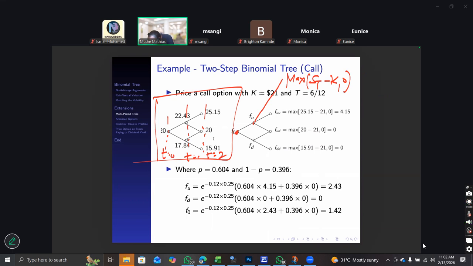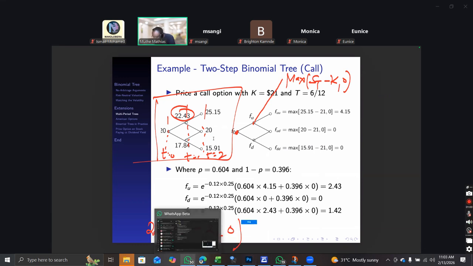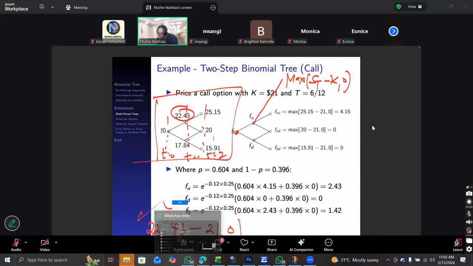The price is this one here. So just take 22.43, subtract the strike price, which is 21, and then of course comma 0. So what am I going to get here? Sorry, I don't know why this is enlarging unnecessarily.